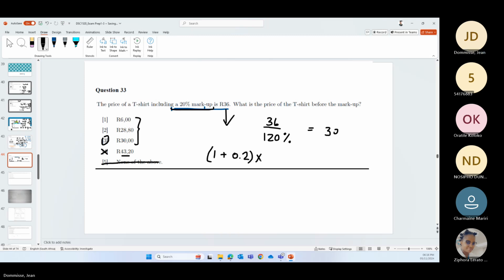So (1 plus 0.2)x is equal to 36. Then my x will be equal to 36 divided by 1.2, and that will also give us the 30 rand. So there are two ways to work that out.